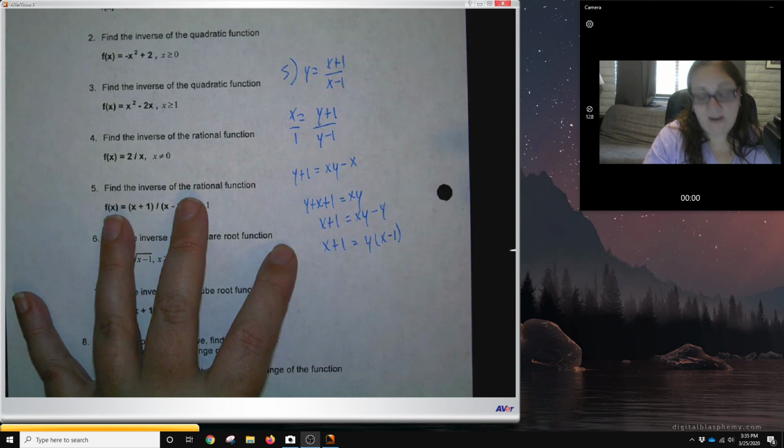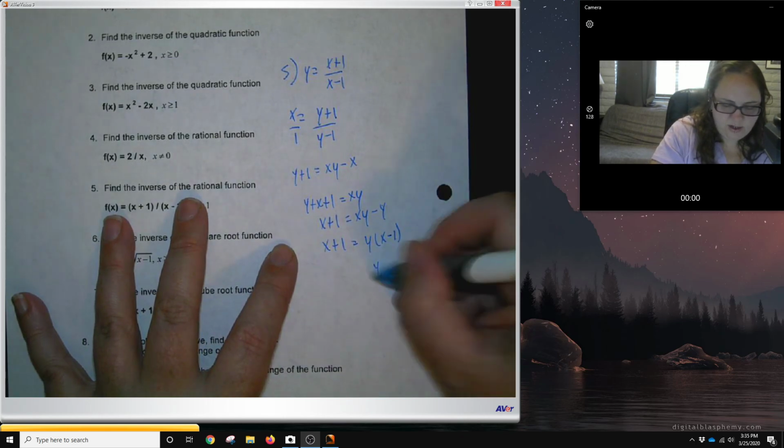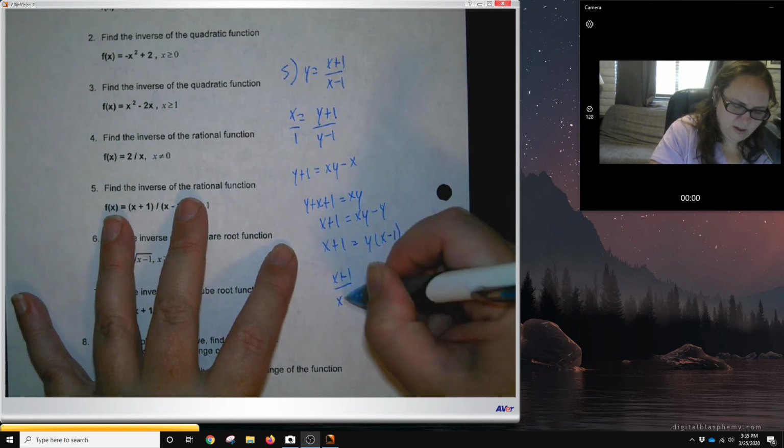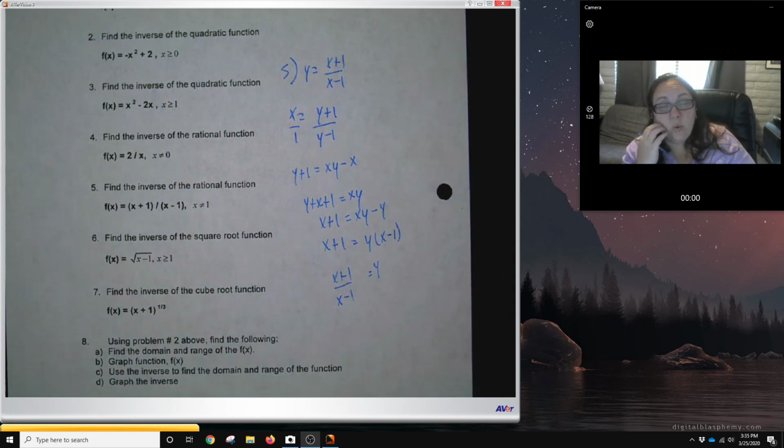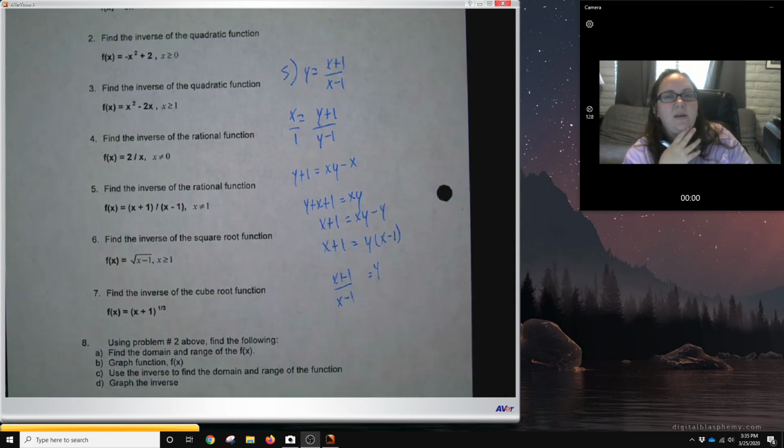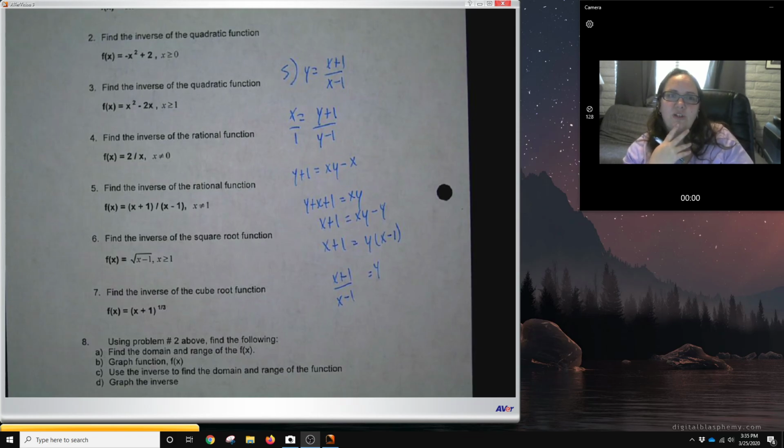And then I'm going to divide both sides by this x minus 1. Turns out this function was its own inverse, which doesn't always happen. It happens the most often with rational functions that they're their own inverses, but I just wanted you to see the mechanics behind how that works so that you could try the ones that you see on your homework.